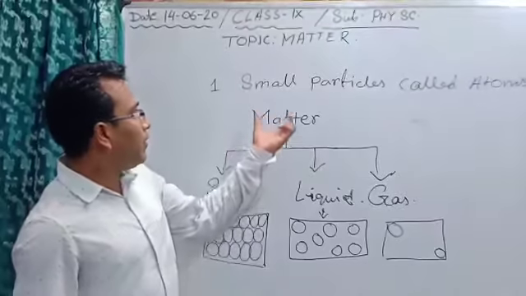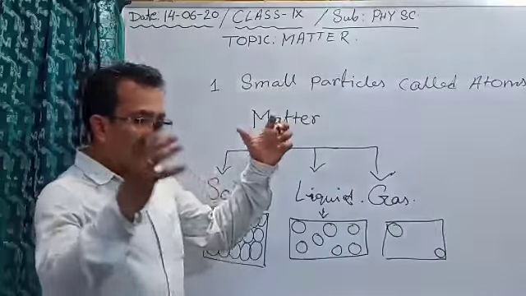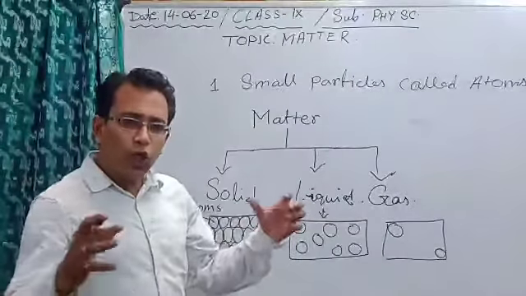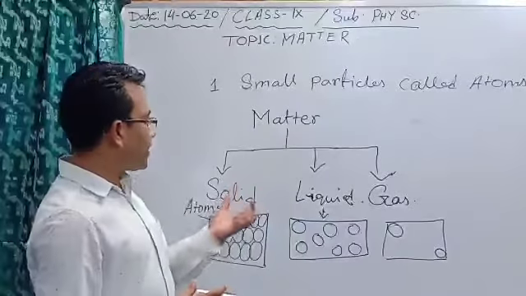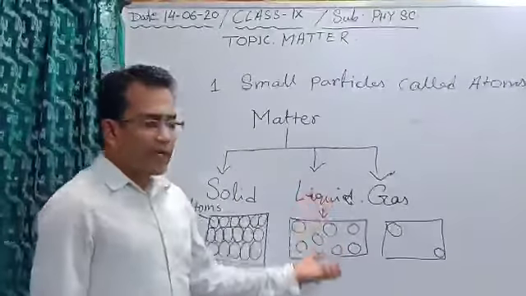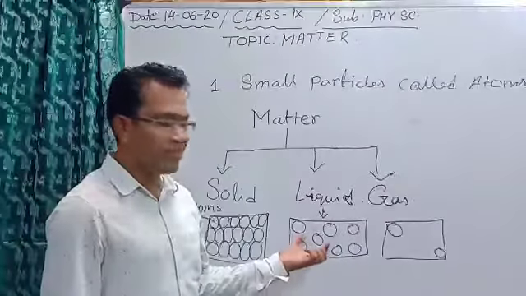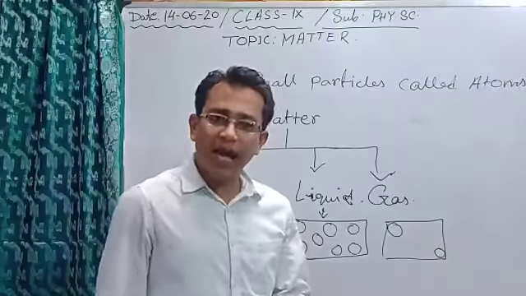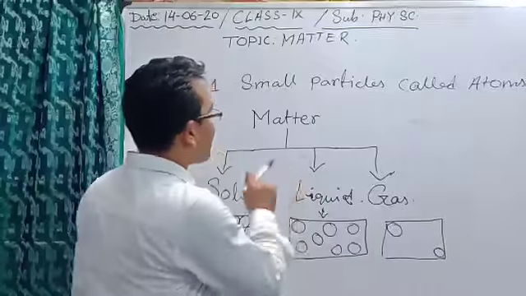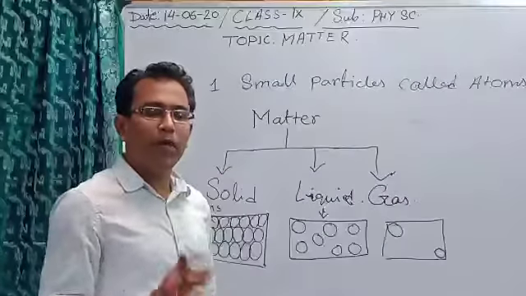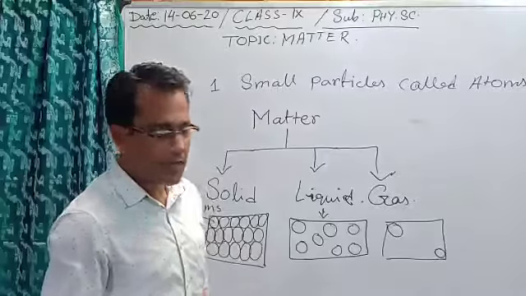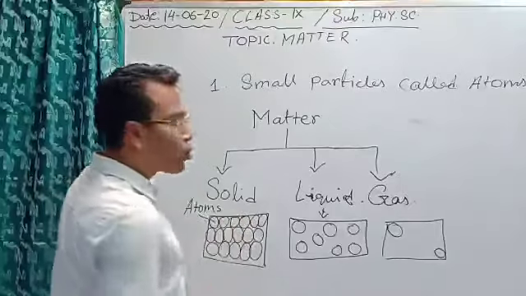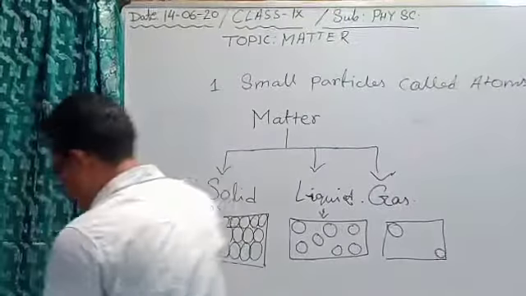So on the basis of their construction, atoms which are very closely packed up, these matters are solid. Lesser packed up, they are known as liquid, and most gap between them, it is called gas. So in terms of small particles and composition of atoms, matter is of three types, and it is on the physical scenario.